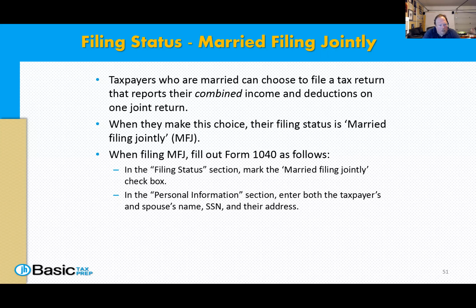Filing status, filing jointly, and in the personal information section, you have to enter both the taxpayer's information, their social security number, and their address, even if they are living separately. Okay? Remember that. It's very important because if they are legally married, when Shell and I first got married, she was still in Dubai and then in the Philippines. So guess what address she had to technically use?